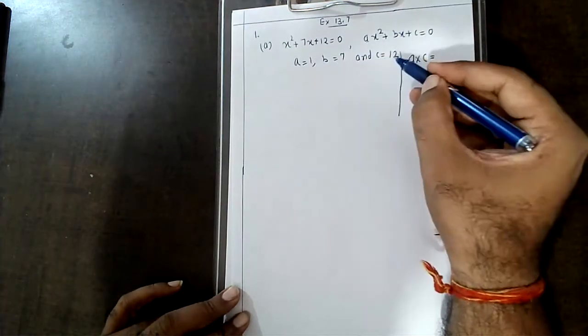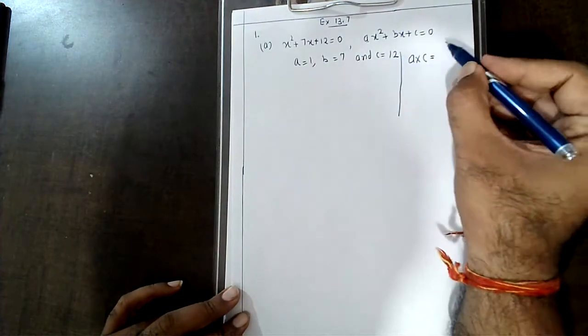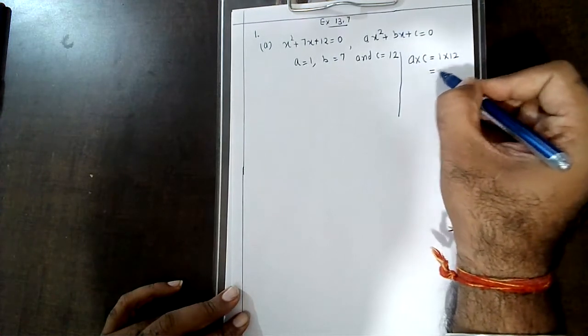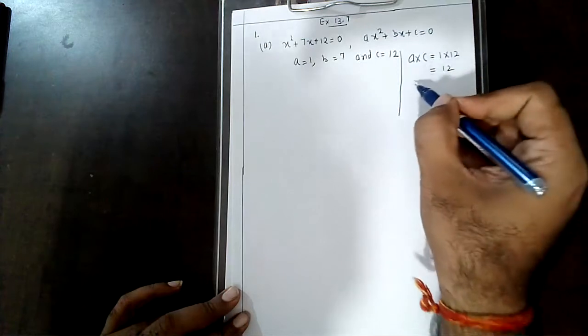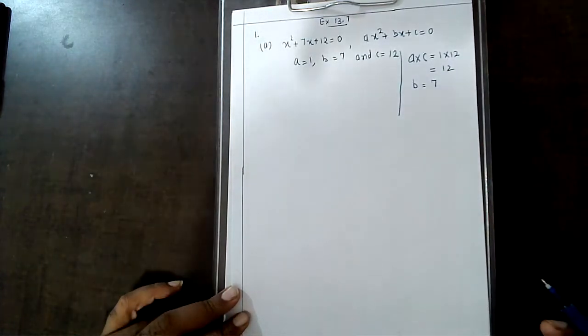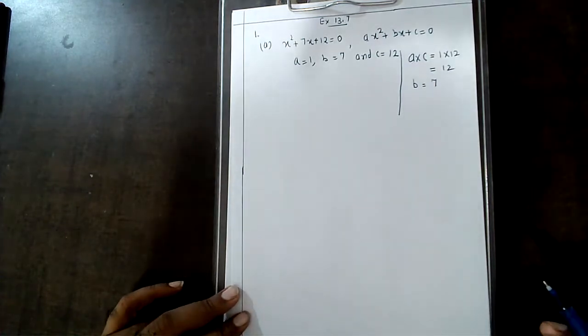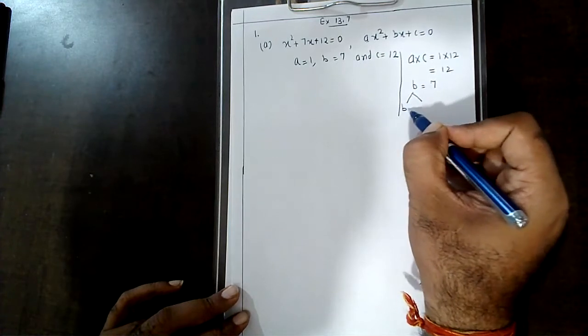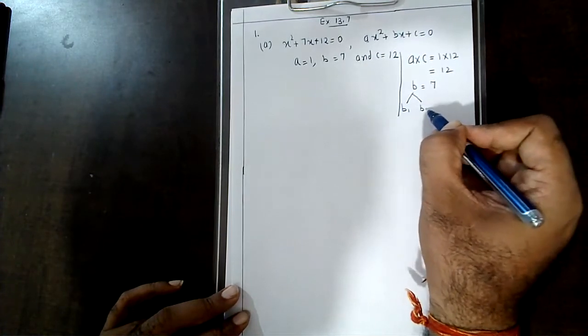That is 1 into 12 is equal to 12. Value of b is 7. We have to find b1 and b2. That is, we have to split b into b1 and b2.